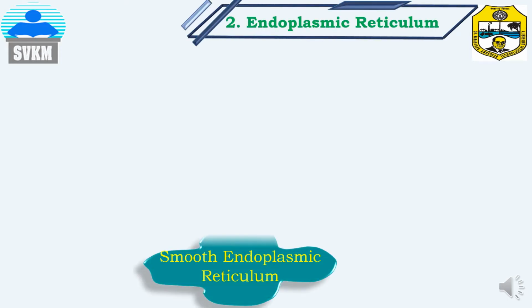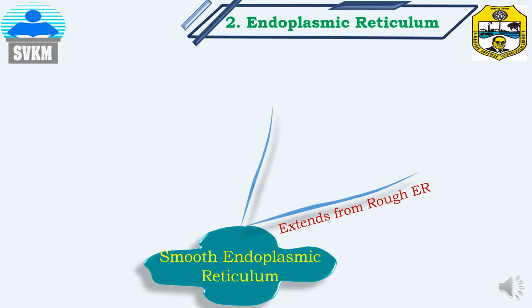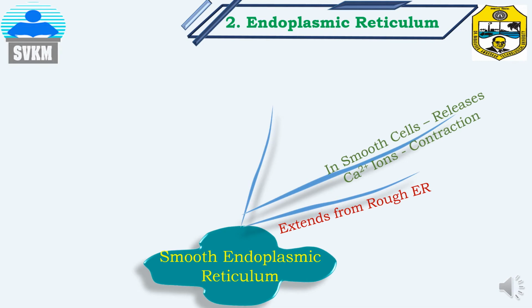Now, the next is the smooth endoplasmic reticulum. It is extended from the rough endoplasmic reticulum. Please pay attention here to differentiate between smooth and rough endoplasmic reticulum. The rough endoplasmic reticulum, I already told, extends from the nuclear envelope, whereas the smooth endoplasmic reticulum extends from the rough endoplasmic reticulum.